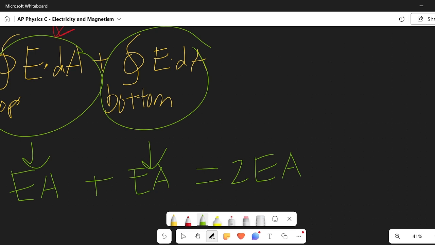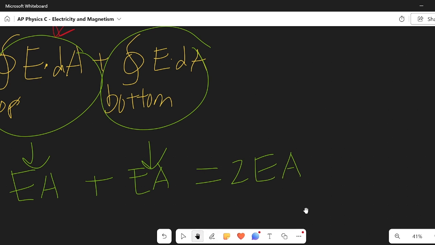Actually, in this case, we're not using Q enclosed yet. This is equal to 2 times the electric field multiplied by the area.